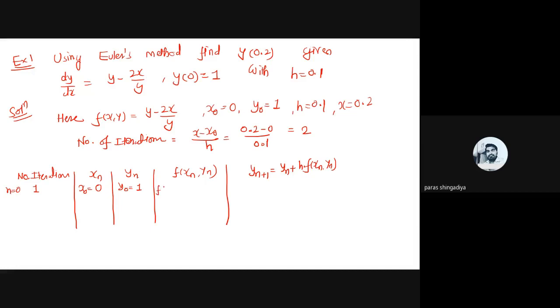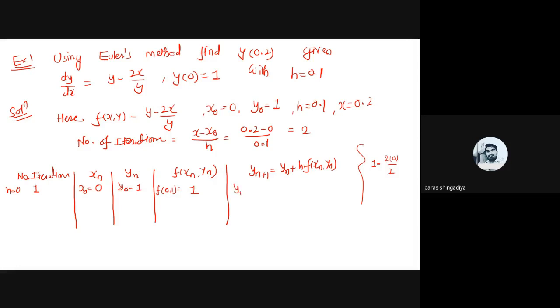You can calculate it roughly, otherwise you can simplify the steps. We have to derive f of 0,1. x0 is 0 and y0 is 1, so you can calculate roughly and directly write the output: 1 minus 2 into 0 divided by 1, that is equal to 1. Clear? You can write the answer directly without mentioning all this notation. So x0 is 0, y0 is 1, f of 0,1 is equal to 1.